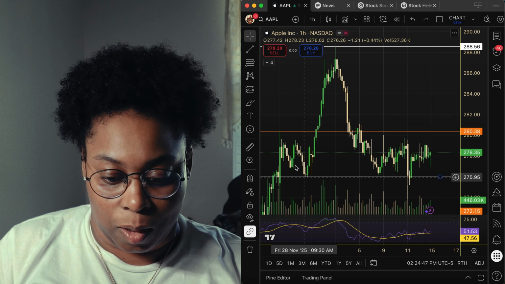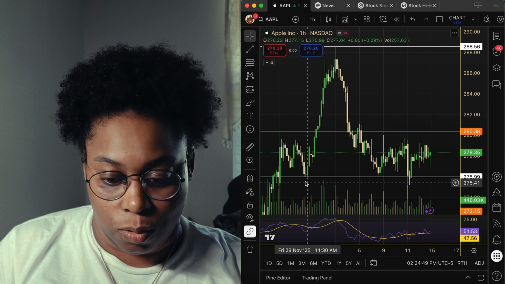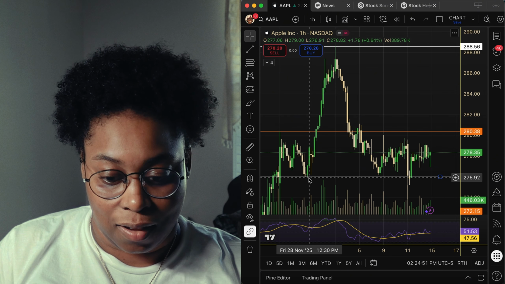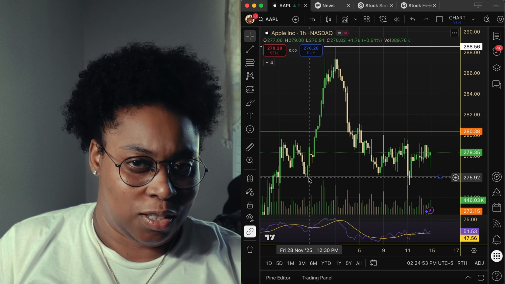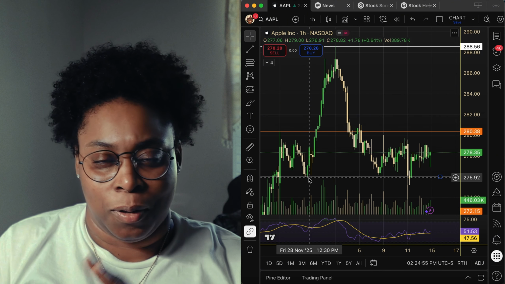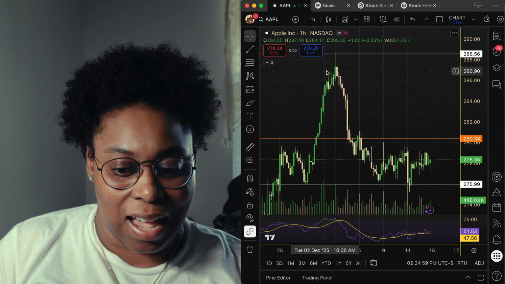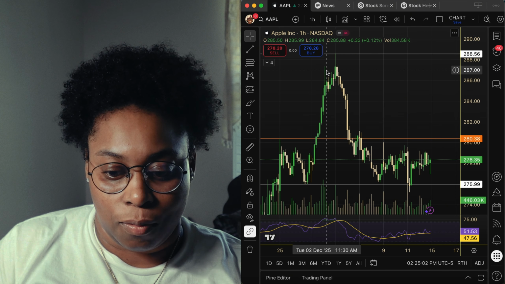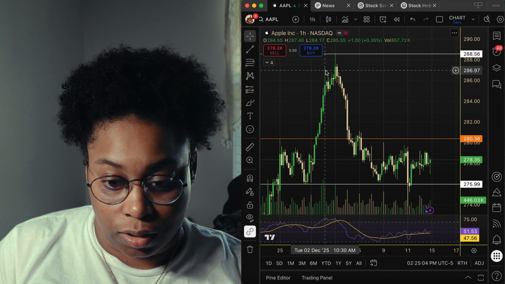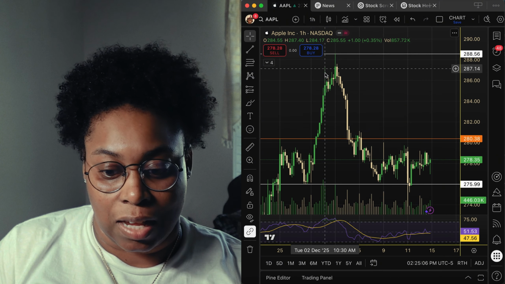You notice I'm going to come over some here, and you see where we went from this 275. By the way, keep your eye on that 275 level on Apple. We'll talk about it later. But 275, and you see we had this nice little run up to right around this area first time, which was 287.40.